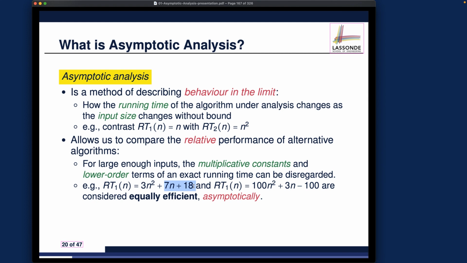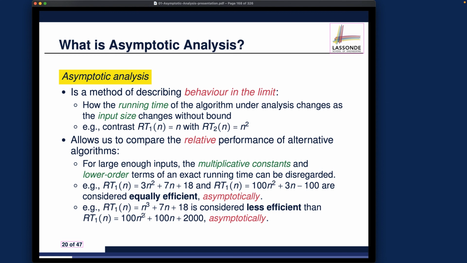We drop this. And then we also drop the multiplicative constant, so we only got n squared left. Similarly, for this formula over here, we first drop the lower term, which will be this part here. And then we drop the multiplicative constant, which will be this part here. We also got n squared left. So asymptotically, they are equally efficient. And we'll do more examples later.